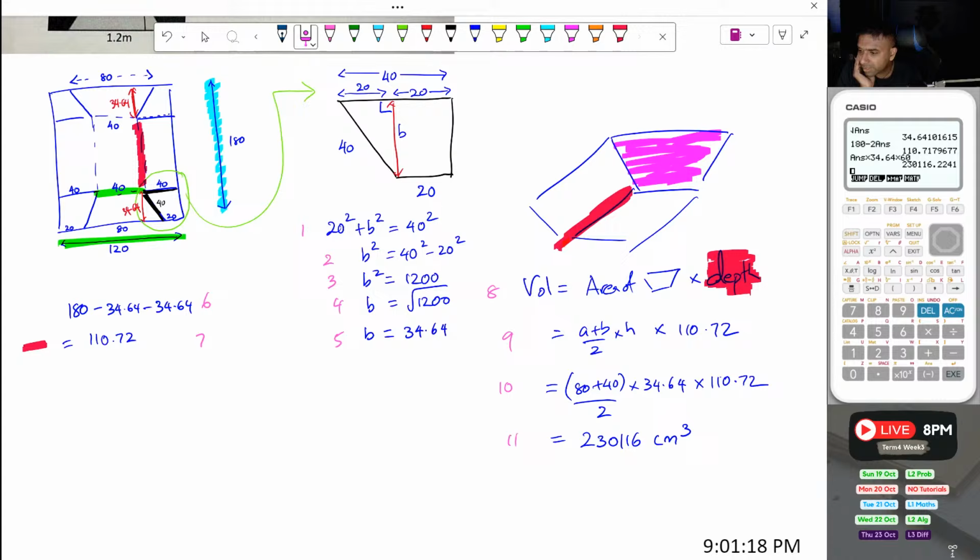At the start, how did you find the hypotenuse is 40? The reason I found the hypotenuse is 40 is because if you look at the shape that was getting created, right? Sorry, I'm going to draw a really weird version of it.